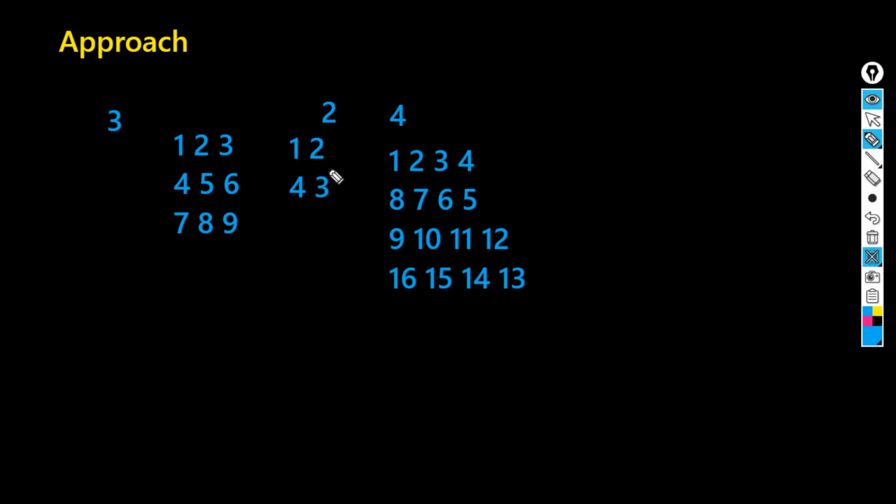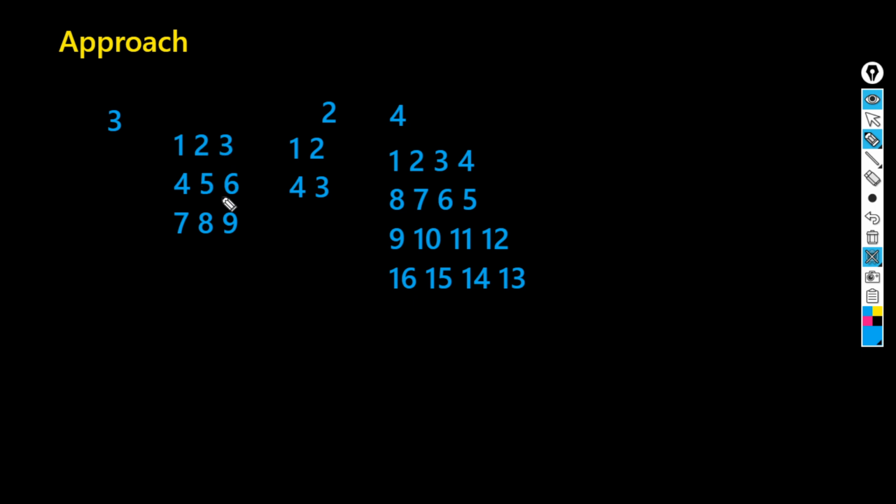So this is the main observation, that for even rows we have to print the values in increasing order for 0, 2, 4, 6 and all these rows, whereas for 1, 3 we have to print the numbers in descending order.